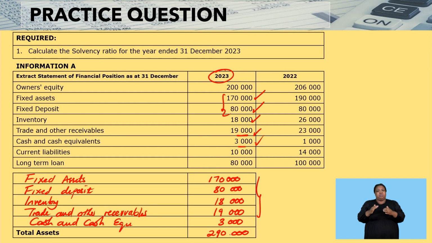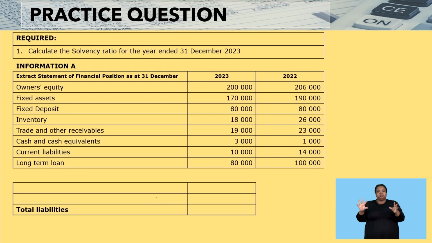Then the next thing that I need to do is to get my total liabilities. To get my total liabilities, I'll get my current liabilities. Remember, we're in the year 2023. My current liabilities are 10,000.